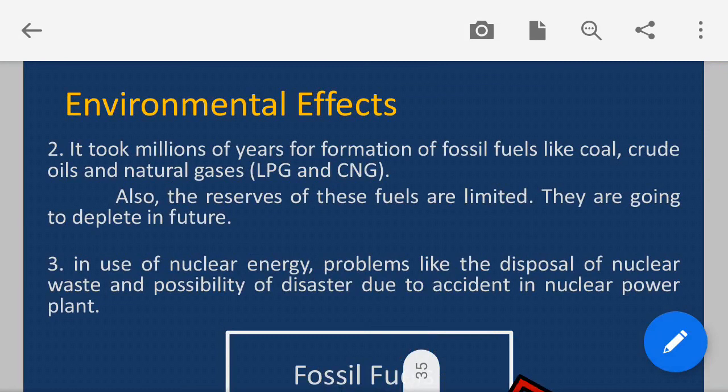So if these reserves are consumed completely, then, since it took millions of years to produce these sources, they are definitely going to deplete in future. So then problems of availability will be there.